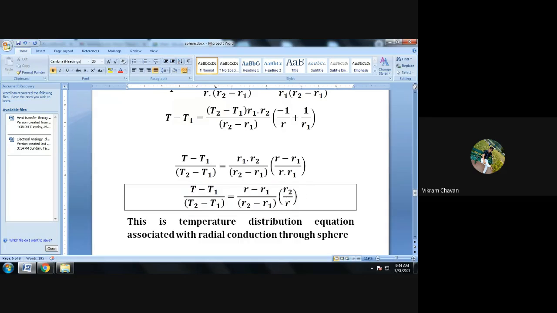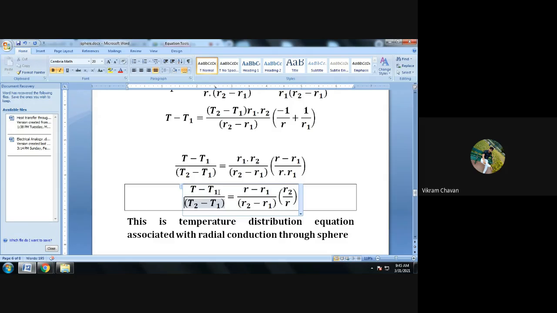As we have discussed in the case of a cylinder or a plane wall, if you want to determine the intermediate temperature, the temperature profile, or the variation of temperature with respect to change in radius or thickness, we can determine it using this equation.